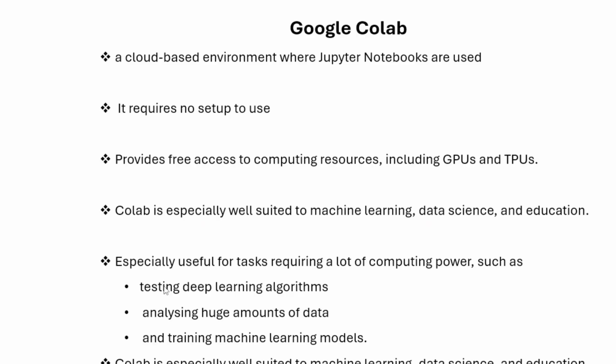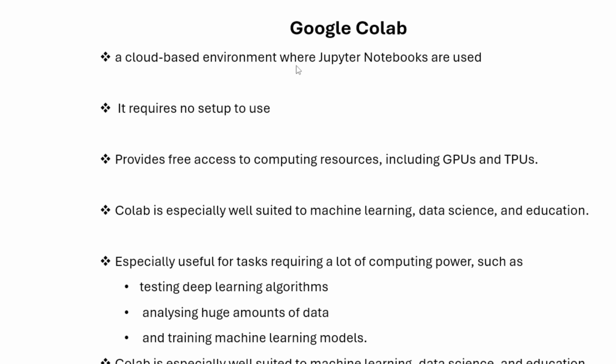I will not be describing here all the benefits of Google Colab. My purpose here is not to give you the details about Colab, rather just to tell you that we will be using Google Colab for making and running codes. You can find many YouTube videos which can give you the benefits of Colab. I will just be describing here that this is an interface which we can use.